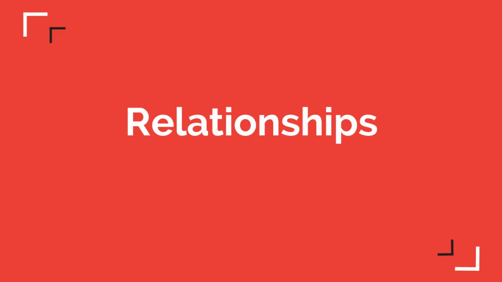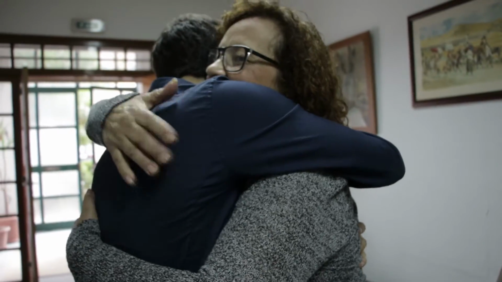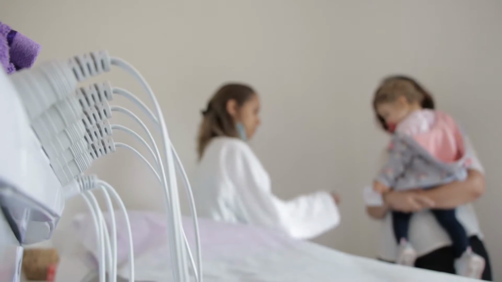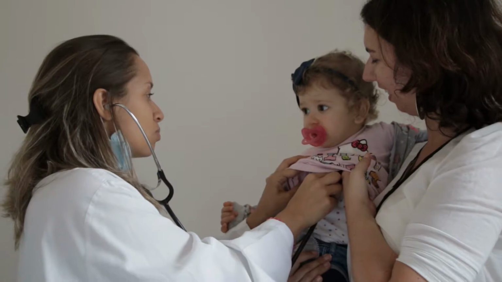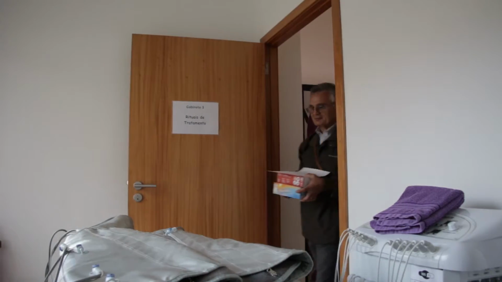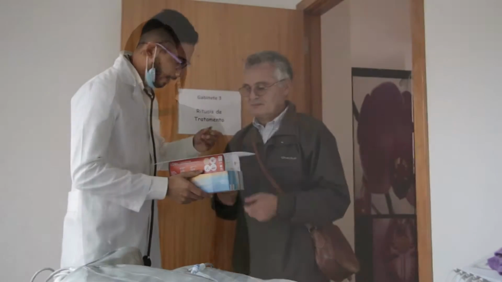Let's move on to the second R, relationships. Relationships are bonds that form between the actors in a system. In the context of the health system, relationships vary from deep, meaningful attachments between donors and patients to brief, impersonal contact between hospital staff and delivery personnel.